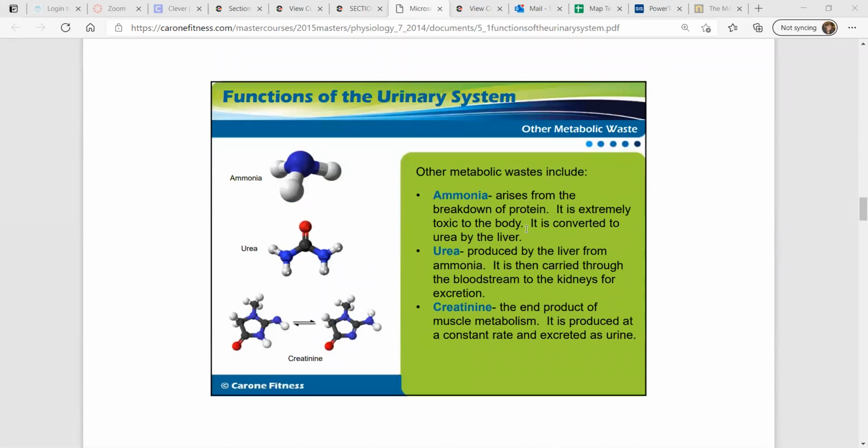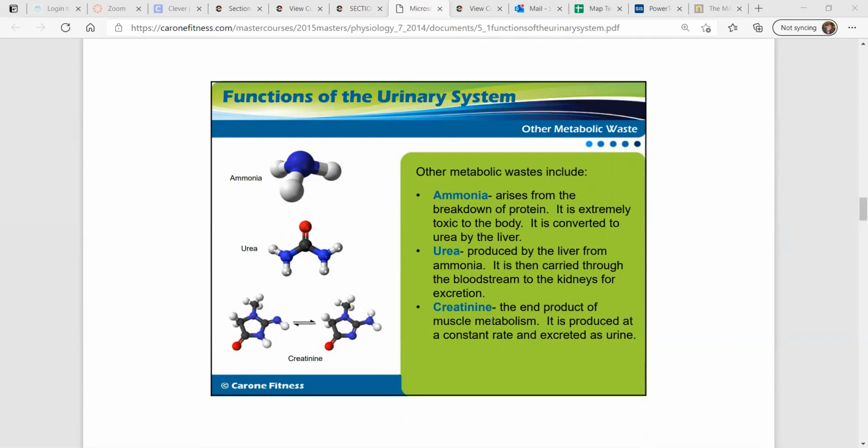Other metabolic wastes include ammonia, and this is from the breakdown of protein. It's very toxic to the body, and it's converted to urea by the liver. Urea is produced by the liver from ammonia. It's then carried through the bloodstream to the kidneys for excretion.